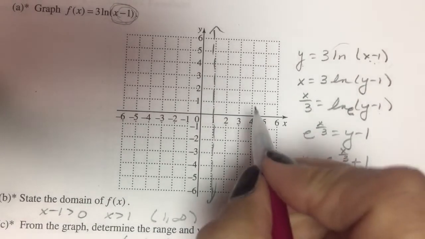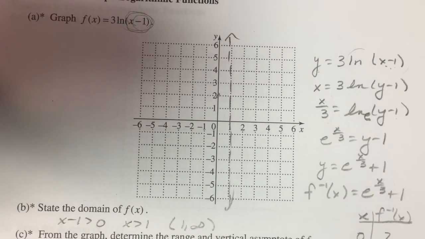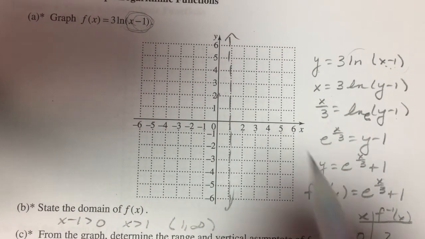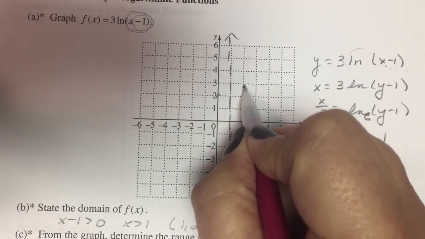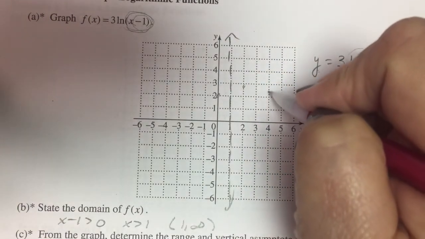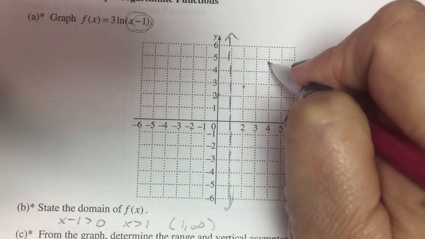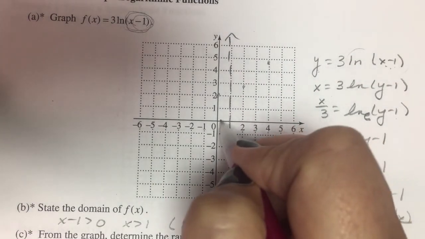So 0, 2. Again, I'm graphing the inverse, which is an exponential. 2, 2.9, which is about right there. What else did I have? 4, 4.8. And negative 2, 1.5.